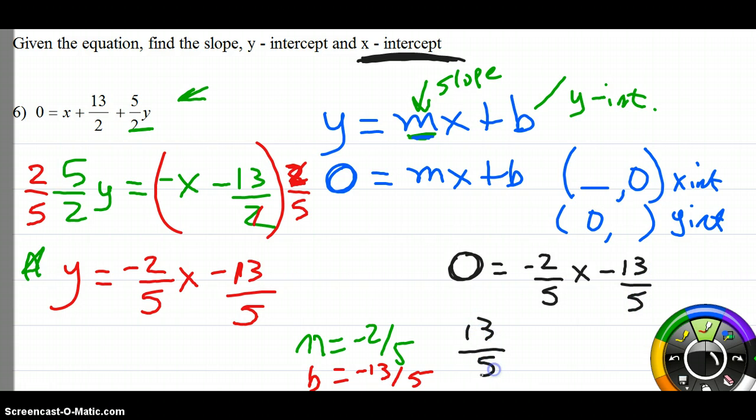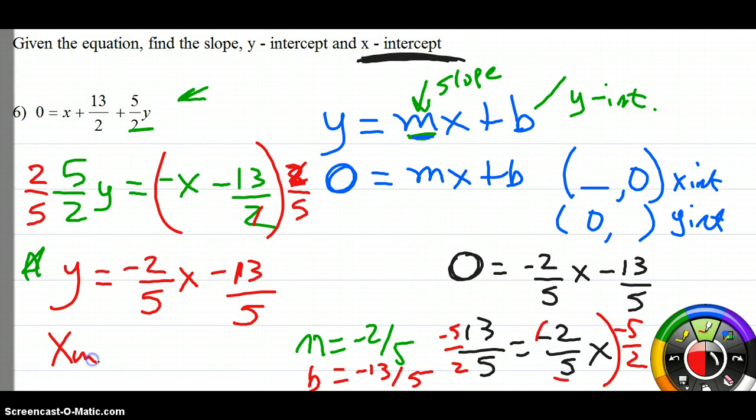If I solve for x, that means I'm going to get x all by itself. This time I would multiply both sides by -5/2. So the x-intercept, the 5's would cancel, and the x-intercept would be -13/2, 0.